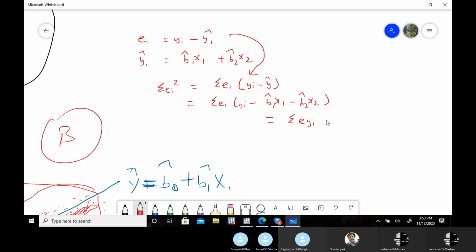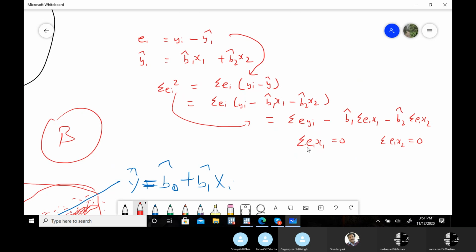Summation ei yi minus beta 1 hat summation ei x1 minus beta 2 hat summation ei x2. This is the value for this particular part, okay? And we know that summation ei x1 is 0 and summation ei x2 is also 0.